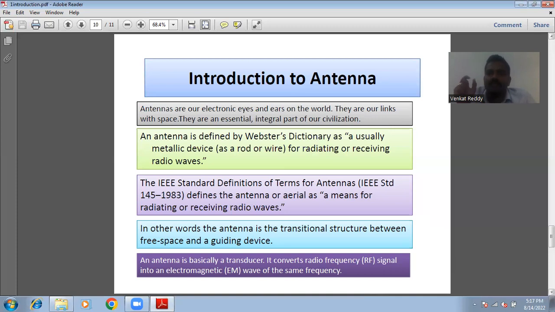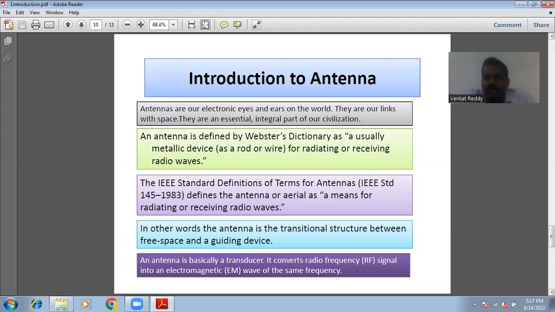They are an essential and integral part of our civilization. In Webster's dictionary, it is usually a metallic device for radiating or receiving electromagnetic waves. In the IEEE standard, it is defined as a means for radiating and receiving radio waves. In other words, it is a transitional structure between free space and a guiding device.